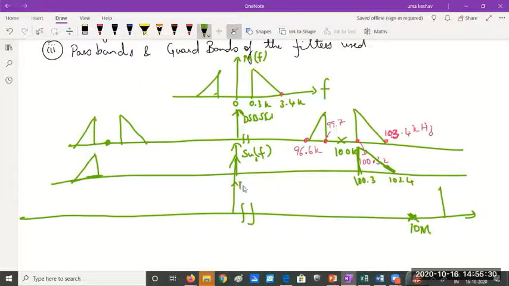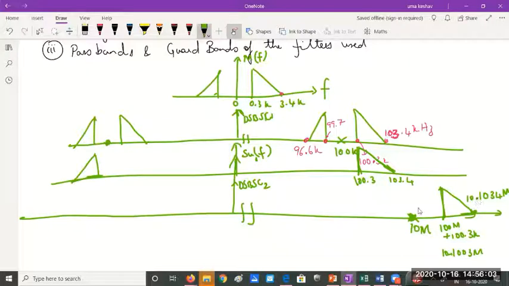So the second stage DSB-SC signal, with 10 mega as the carrier point, I should have this at 10 mega plus 100.3k. How much is that going to be? 10.1003 mega, correct? And this should then be 10.1034 mega.